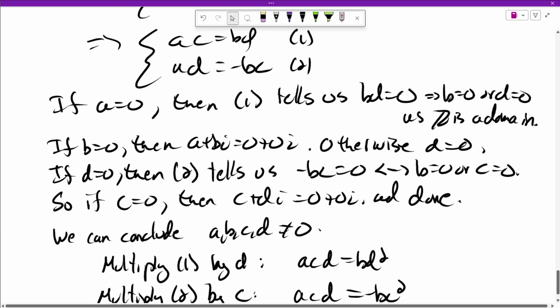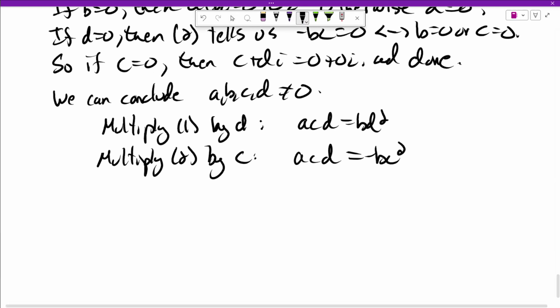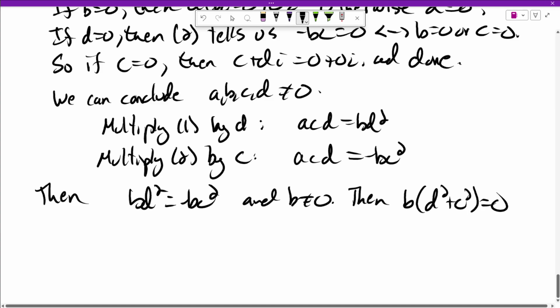Great. So this tells us then that bd squared is negative bc squared, but b is non-zero. Let's mark that. Then what are we going to get? We're going to get b times (d squared plus c squared) is 0 from this equation if we add the bc squared over.